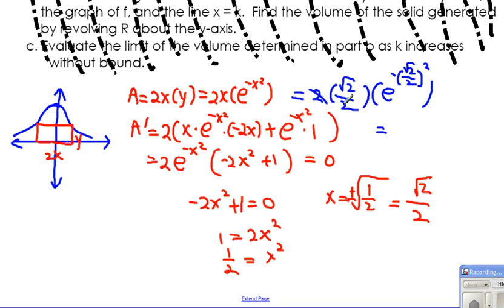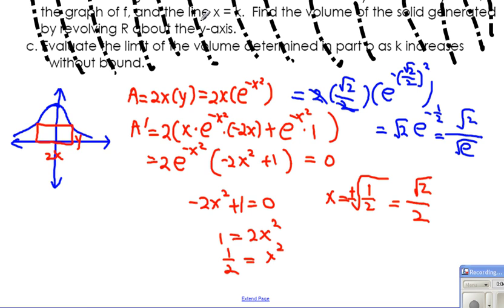These two cancel out, so we have radical 2. Now the exponent is still negative, but this portion is equal to 1 half, so e to the negative 1 half. In other words, radical 2 over square root of e becomes our final answer.